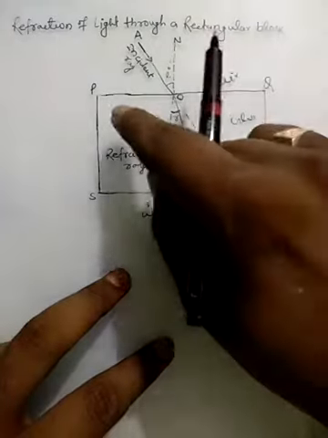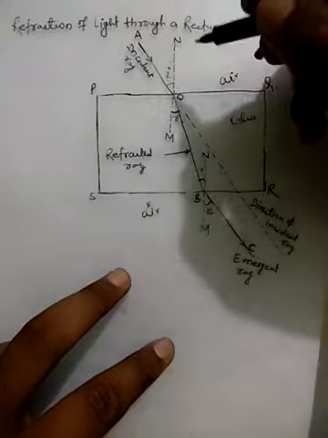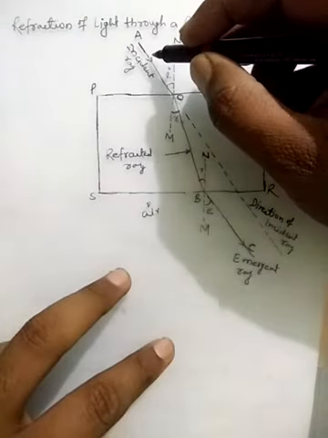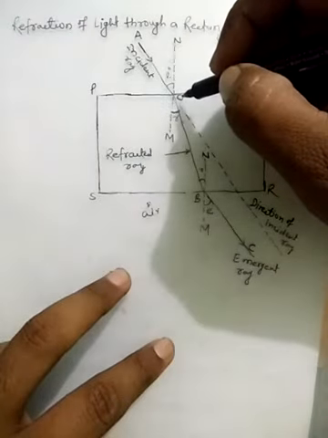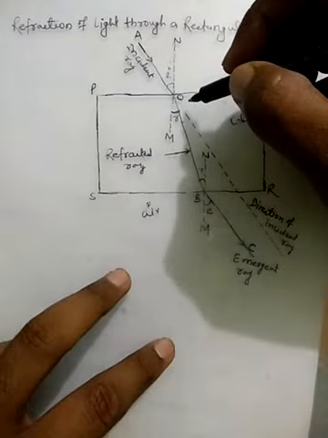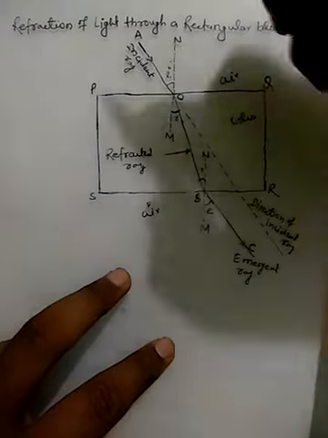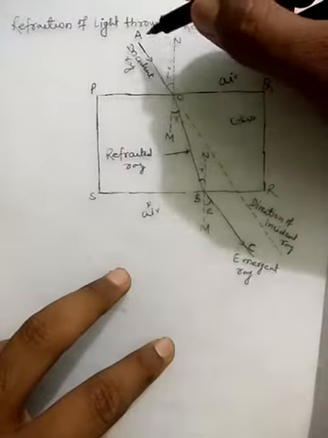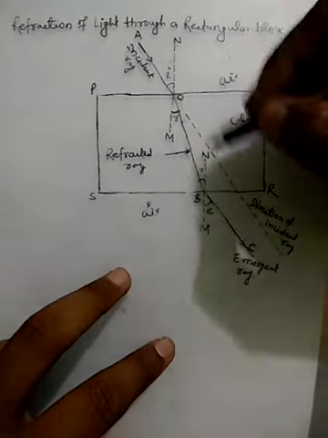Normal means it is perpendicular to this plane. Sorry, AO is the incident ray and OB is the refracted ray.